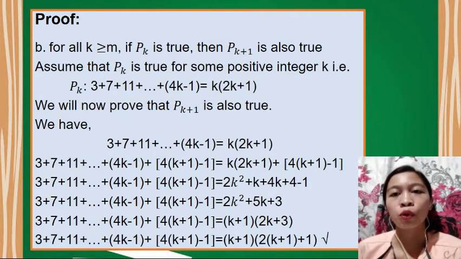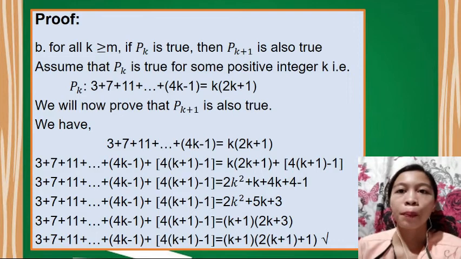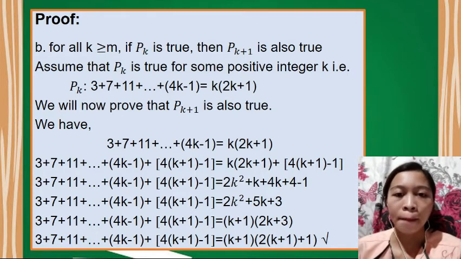Next, we are going to prove the other property. So we have, for all k greater or equal to m, if P(k) is true, then P(k plus 1) is also true. So first, we assume that P(k) is true for some positive integer k.